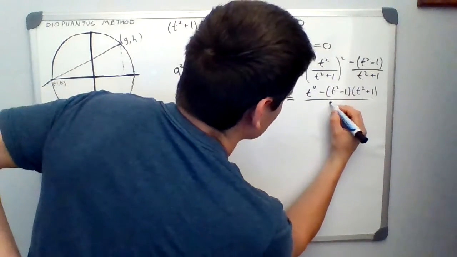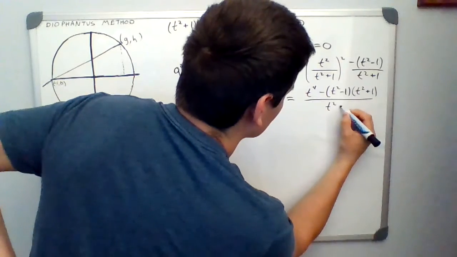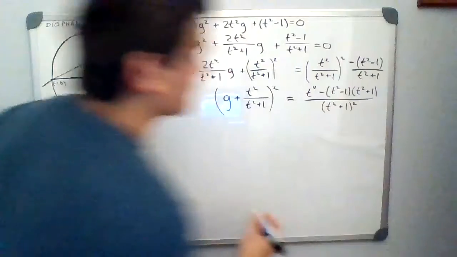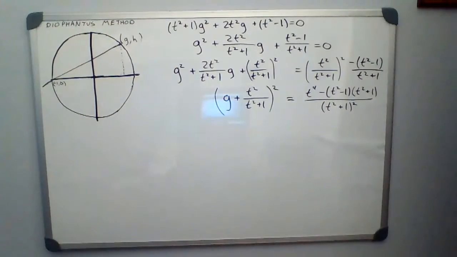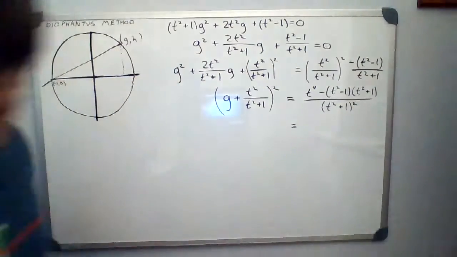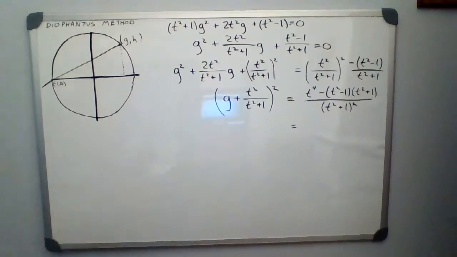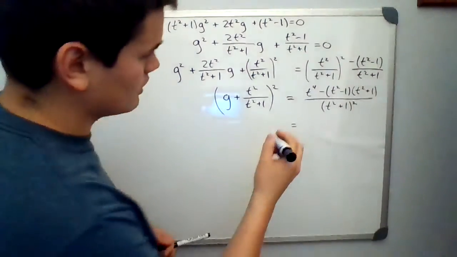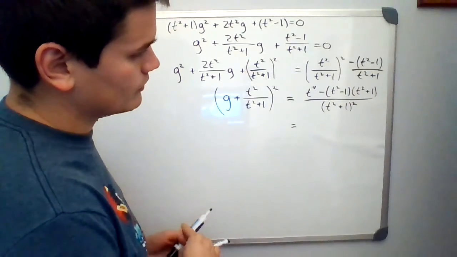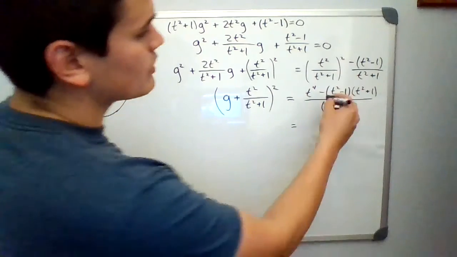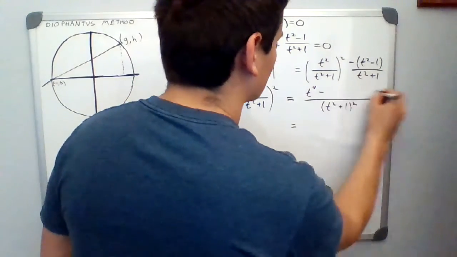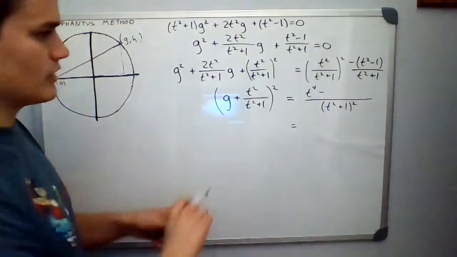And that's going to be (t squared plus 1) squared. Alright, from here, t squared minus 1 times t squared plus 1. I'm just going to rewrite that because I'm trying to do this with enough room.